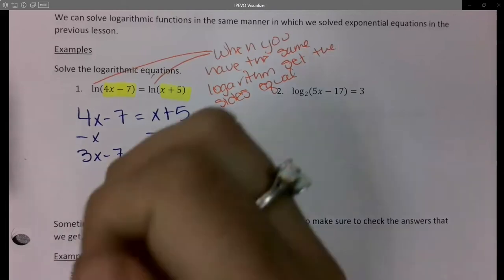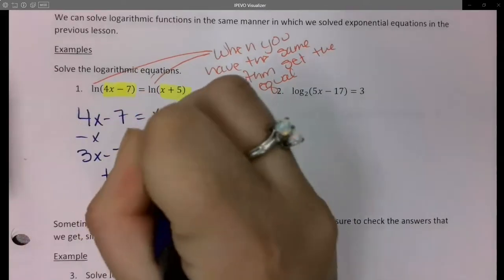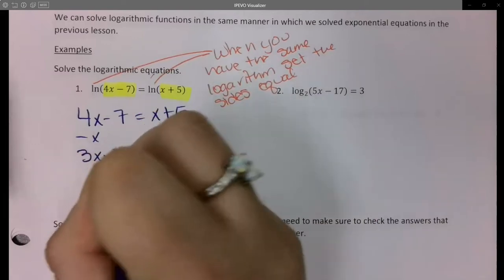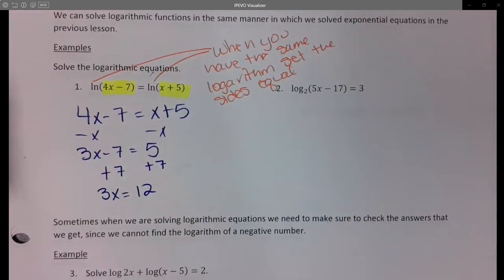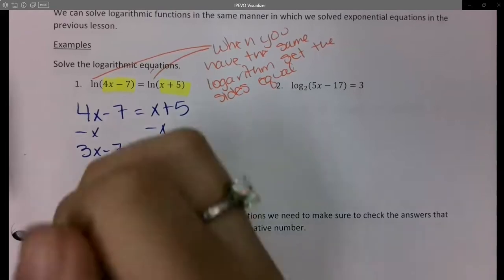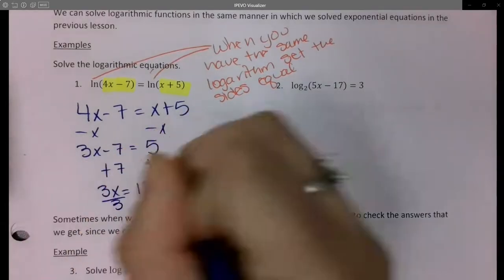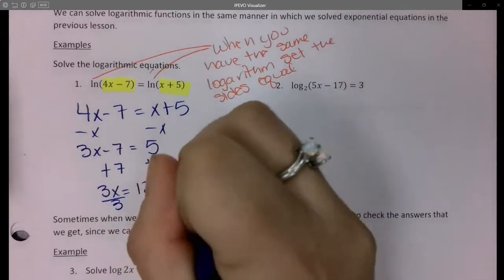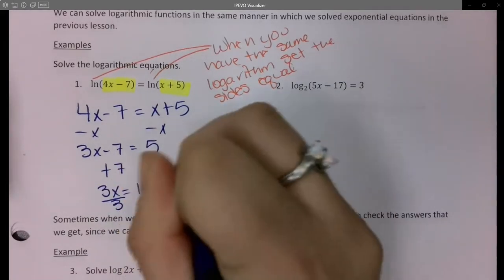And then I want to go ahead and add 7 to both sides. Then I want to go ahead and divide by 3, which gets me x equals 4.